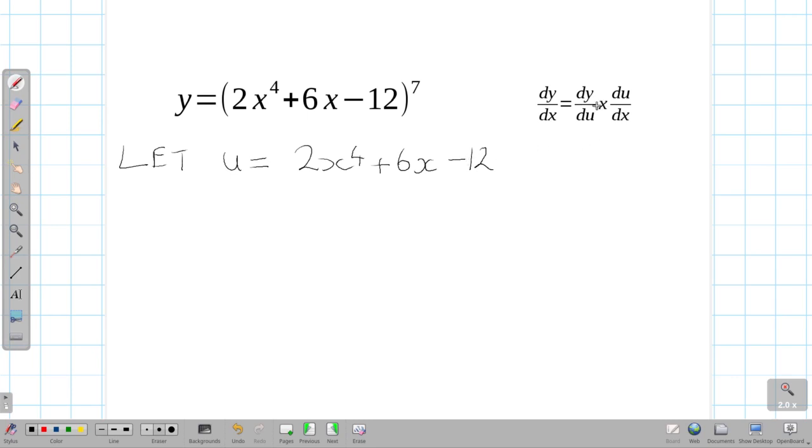Now if we look at our formula, we've got dy over du and du over dx. Now y equals, because we've substituted u into its place, u to the 7. So if we do the first part of the formula, dy over du, because the variable's u, we get very simple differentiation, 7u to the 6.